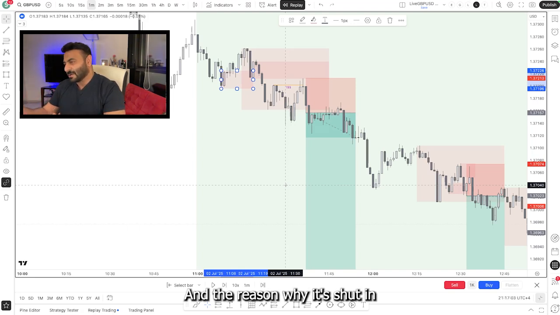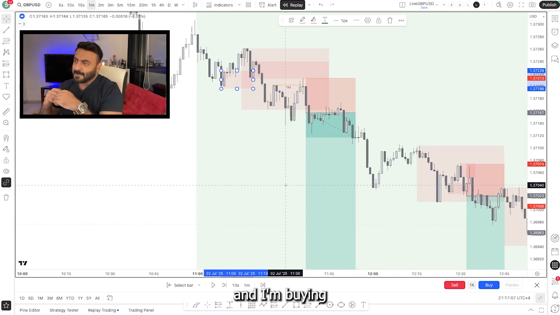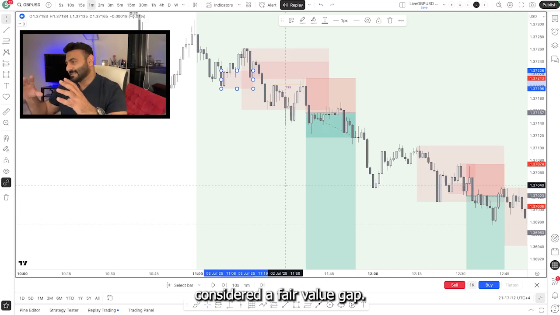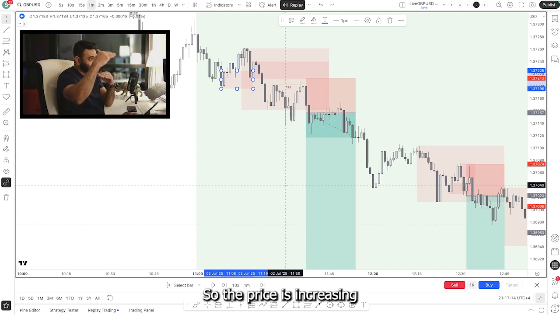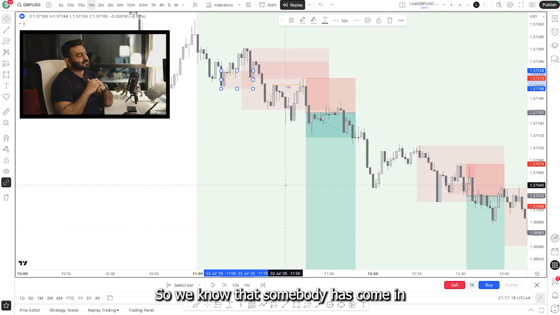And the reason why it shot in one direction is because, if it's bullish and I'm buying, there are not enough sellers at that price point where everything is considered a fair value gap. So the price is increasing and it's filling orders as the price is going up. So we know that somebody has come in.